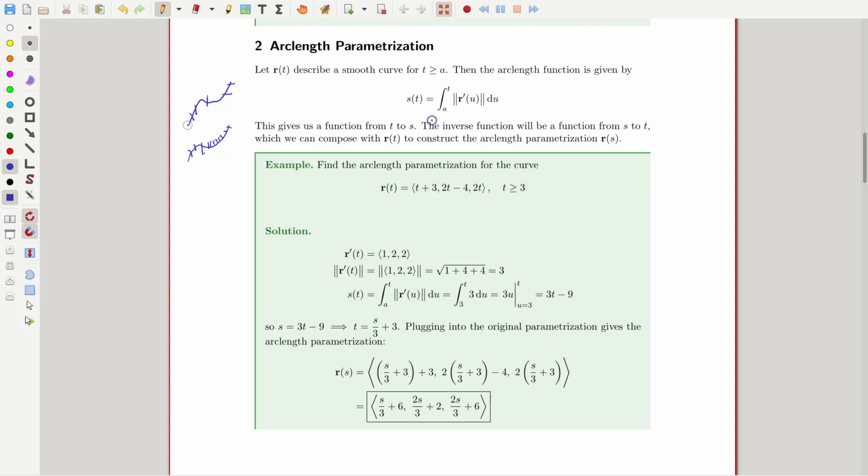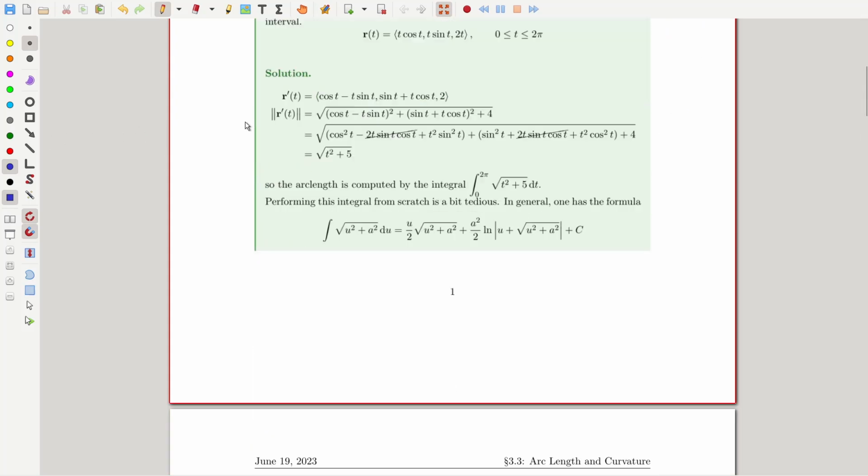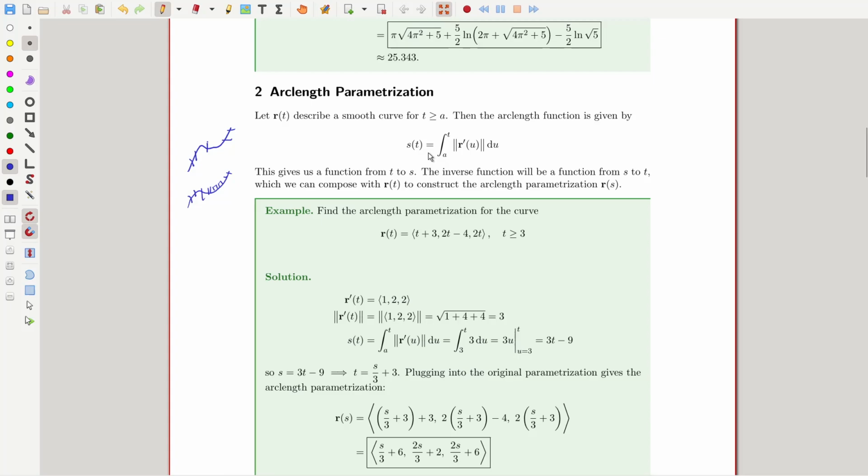So the arc length parameterization is defined by this function. It's very similar to the formula for arc length. Instead, you introduce a parameter t that shows up in the upper limit of your integral. Inside the integral we use a dummy variable u to indicate that we're changing the variable, but outside we have this parameter t. The point is that this gives us a function that, when we plug in a time, gives us a distance, roughly speaking.